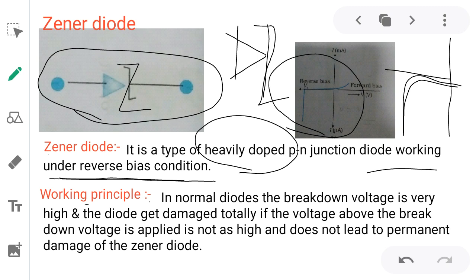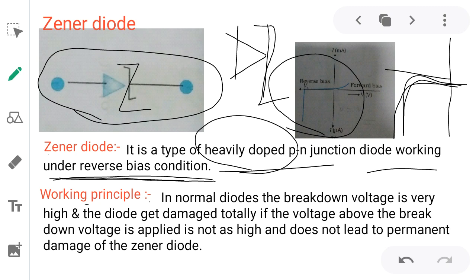So if we dope more, heavy doping means more amount of charge carriers. More charge carriers mean more current. Because of this, Zener diode is heavily doped to keep the constant current working under reverse bias condition.